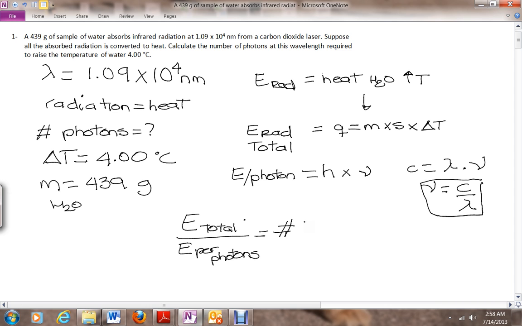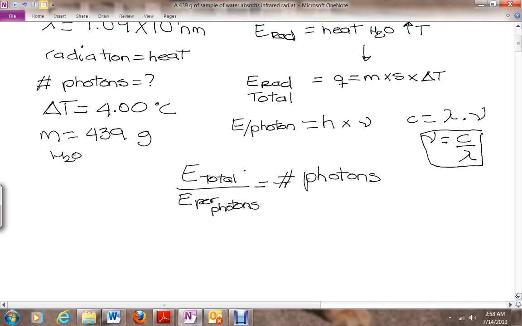This would be the number of photons. The Planck constant multiplied by the frequency is the energy of one photon. Always remember that. If you have the energy of a photon and the total energy, you can find the number of photons.